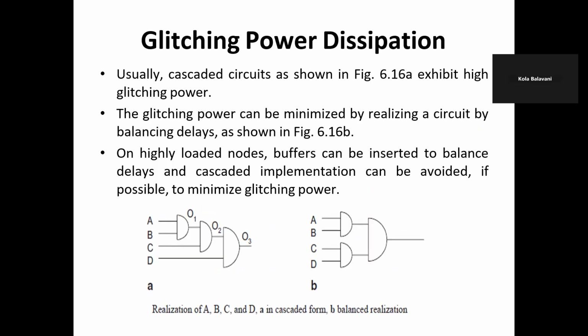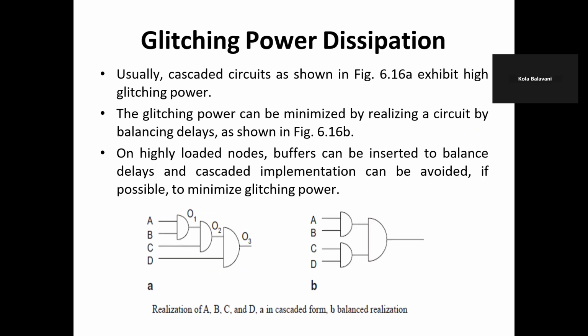So overall, the dynamic power dissipation is categorized into switching power dissipation, short circuit power dissipation, and glitching power dissipation. Switching power dissipation means the capacitor is charging and discharging in its path.